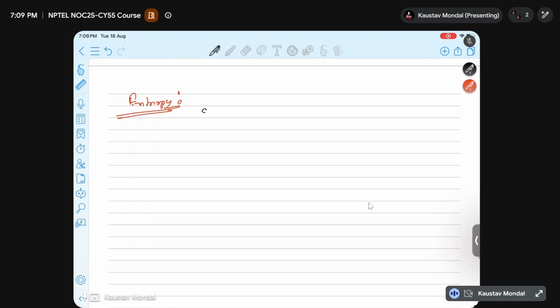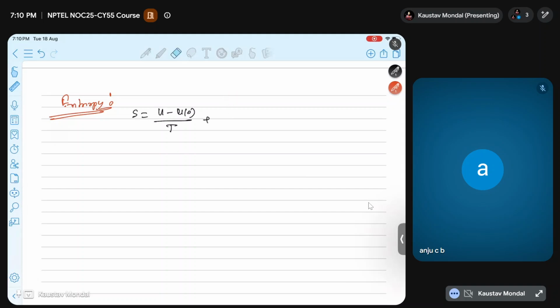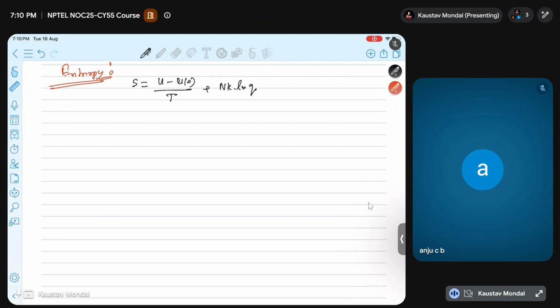The entropy expression you know is S equal to (U minus U0) divided by T, plus Nk ln Q. Now if you plug in the expression of the partition function here, you will get the entropy as Ne by T into 1 over (e to the power beta e plus 1), plus Nk ln of (1 plus e to the power minus beta e).